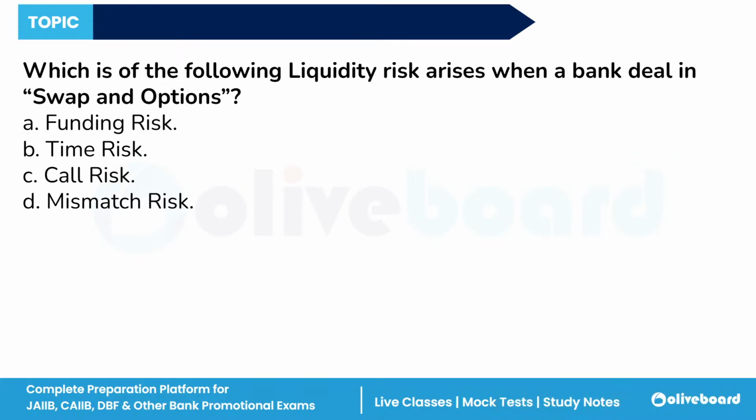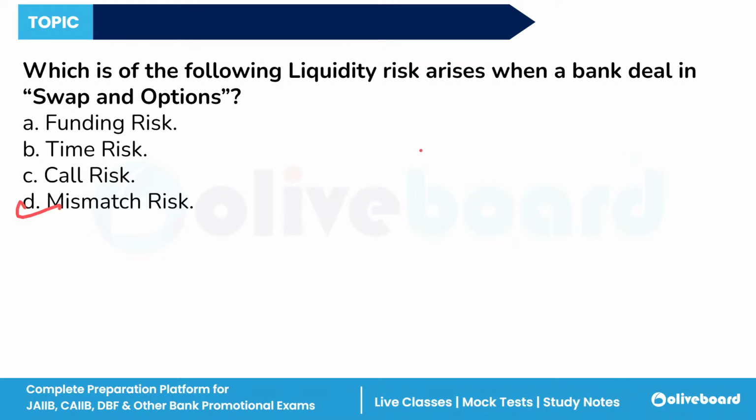Which of the following liquidity risks arises when a bank deals in swaps and options? See, here the correct answer is mismatch risk. Why?